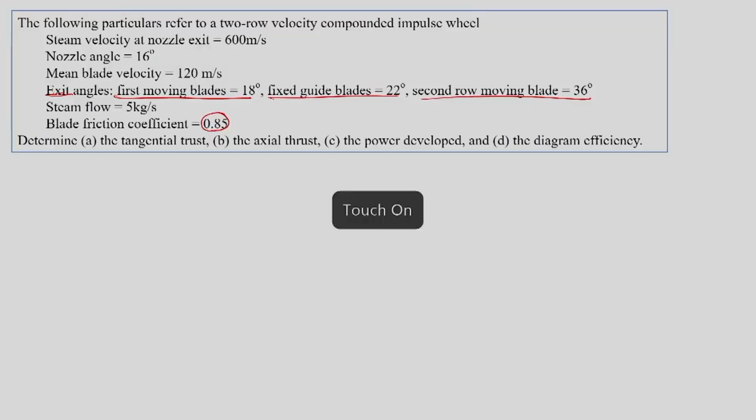So, due to the friction factor we reduce the relative velocity at the outlet. Similarly, in case of fixed blade we have to reduce the absolute velocity at the outlet from the reference inlet. So, determine tangential thrust, axial thrust, power developed and diagram efficiency.